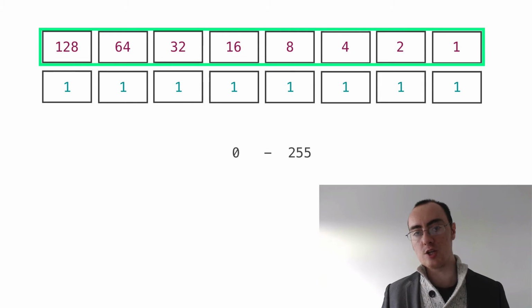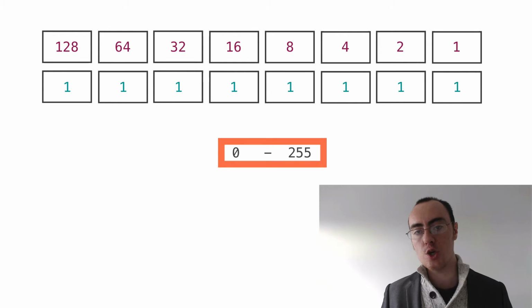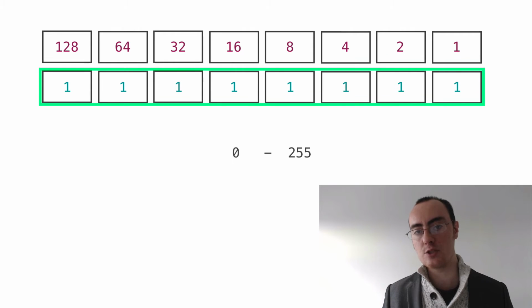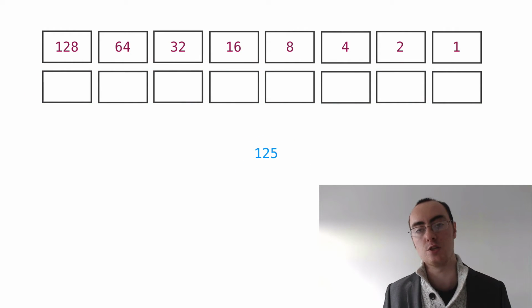There is our range on an 8-bit system. We can generate any number between 0 and 255 and represent that number as a base 2 number on an 8-bit system. So now let's take a look at our calculator example where we had the number 125.